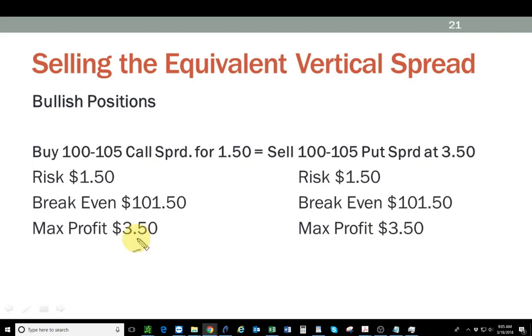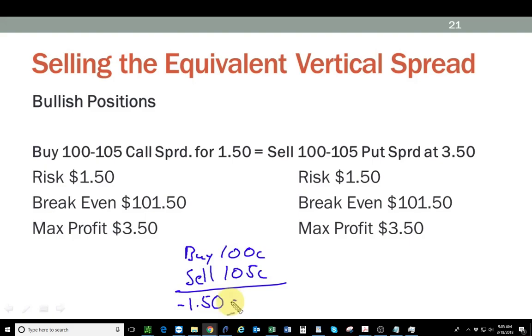The box is this, and I'm going to lay it out for you. This is buying the 100 call and selling the 105 call. Now that trade is done for a debit of $1.50.